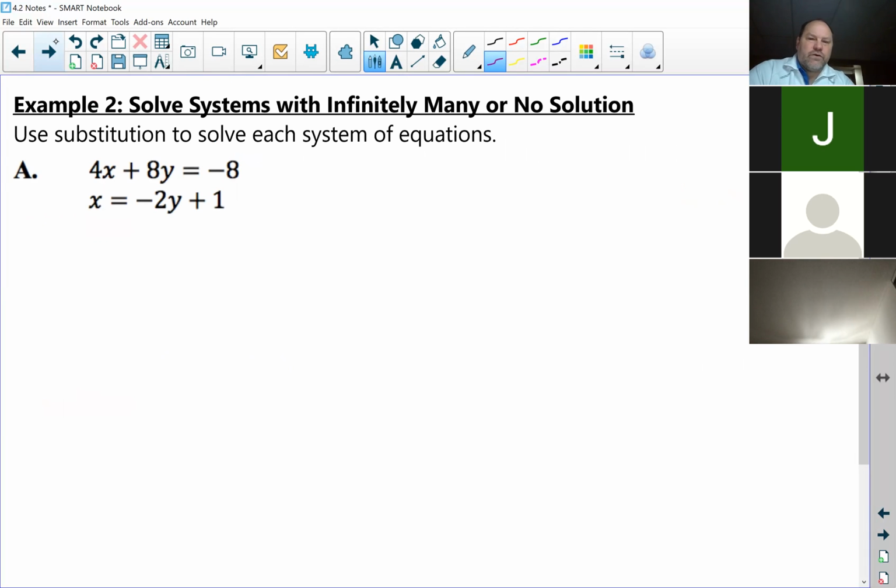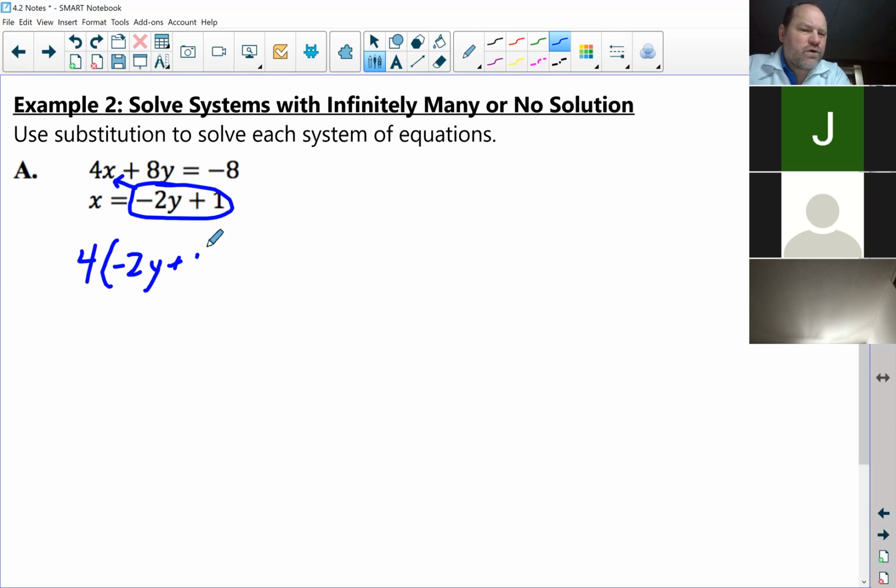Okay. So again, we're going to use substitution and solve. My second equation is in that x equals form. So I'm going to take what x is equal to and plug it in for x in the first equation. So 4 times (negative 2y plus 1) plus 8y equals negative 8.